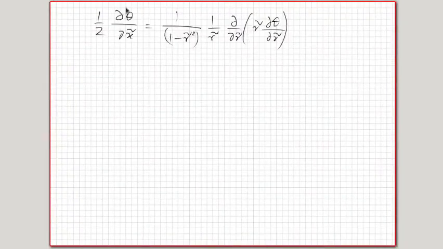So now, since the left hand side is entirely a function of x and the right hand side is entirely a function of r, it looks like there should be a possibility of separating the variables. So theta can be written as a function of r tilde alone multiplied by a function of x tilde alone. Okay.